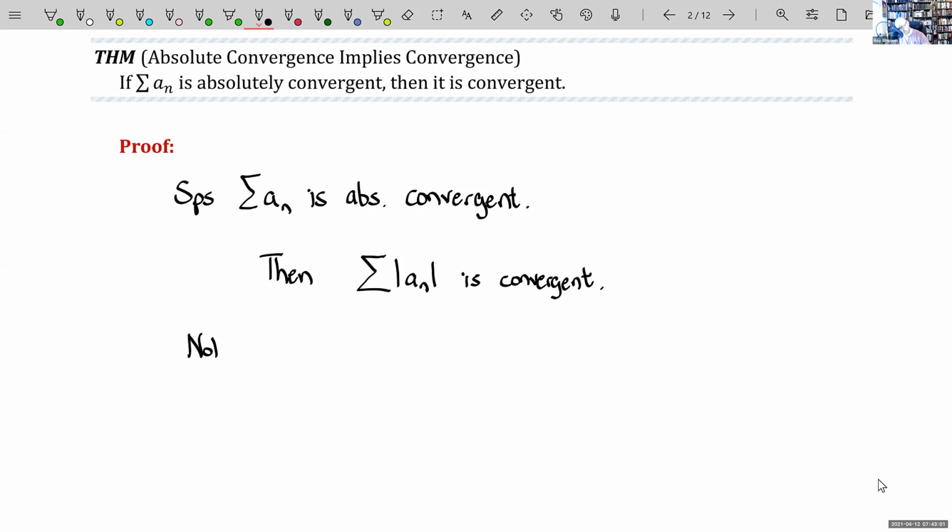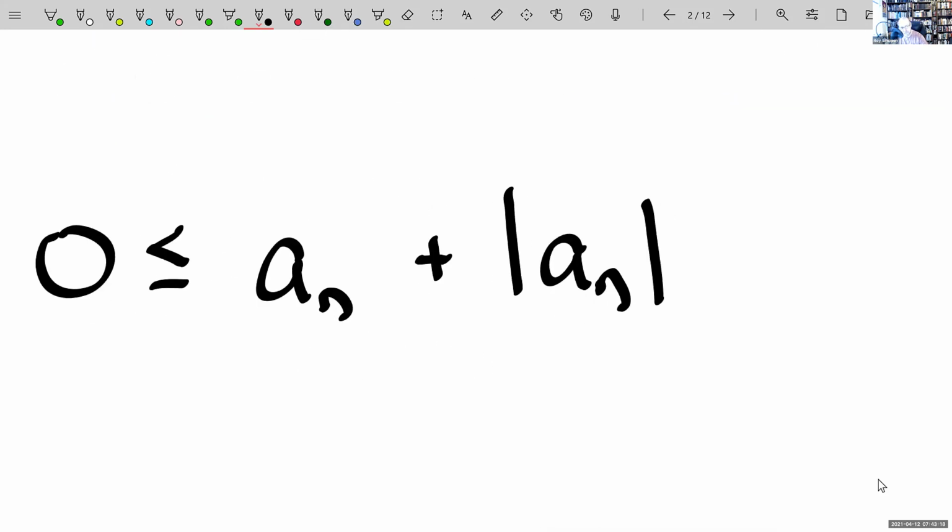So how do we get that? We're going to note 0 is definitely less than or equal to a sub n plus the absolute value of a sub n. I hope that makes sense. Think about if you have a term that's, for example, -3. Let's just say that's a sub n. Well, then if you add to that the absolute value of that term, it becomes 0.